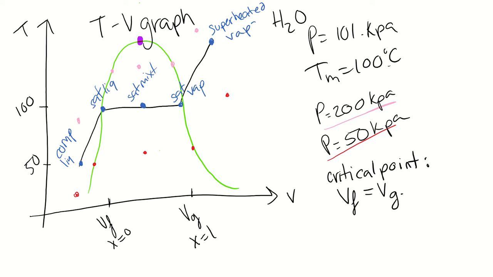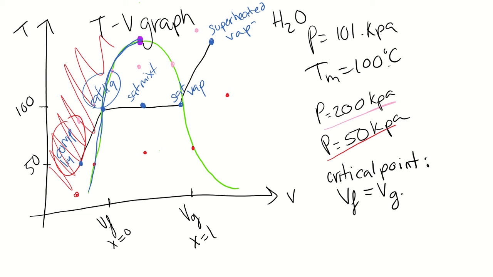Now, there are 5 main things to consider in this graph. We have what's to the left of the curve, which is the compressed liquid region. Then we have the saturated liquid line, which is the left side of the curve.